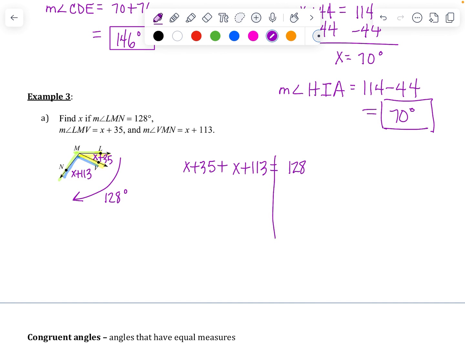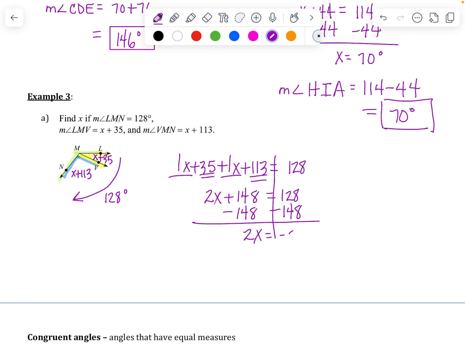So I have a pair of x's, 1x and 1x makes 2x. I have some constants on the same side of the equal sign. So if I add them up, I get 2x plus 148 equals 128. Subtract your 148 off of both sides, and you get 2x equals negative 20. Divide by 2, and your x is negative 10.